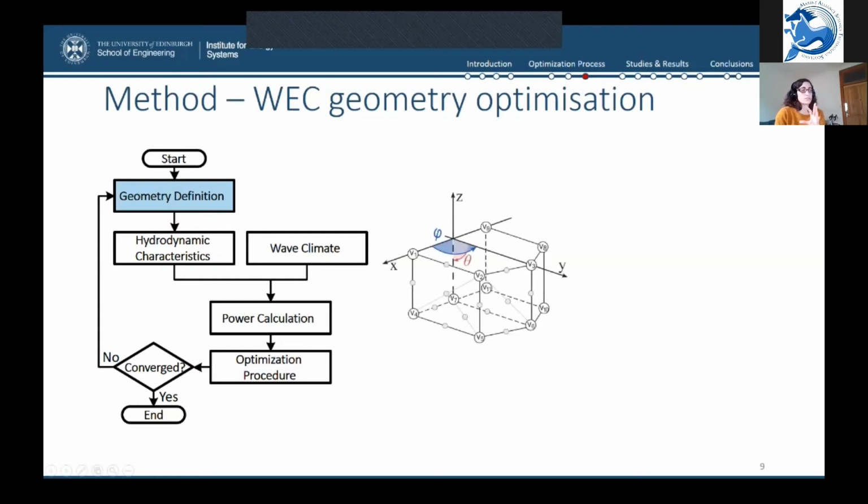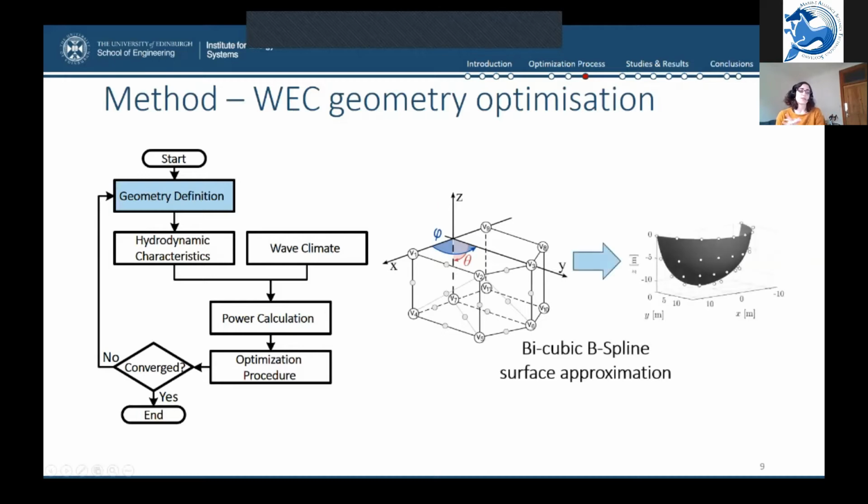This is based on vertices of a polyhedron with an XZ symmetry plane. These vertices can move randomly in space within some constraints, but basically can change their position in space. And then these vertices are approximated by a bicubic B-spline surface, which is a smooth surface that approximates the points without necessarily going through them.